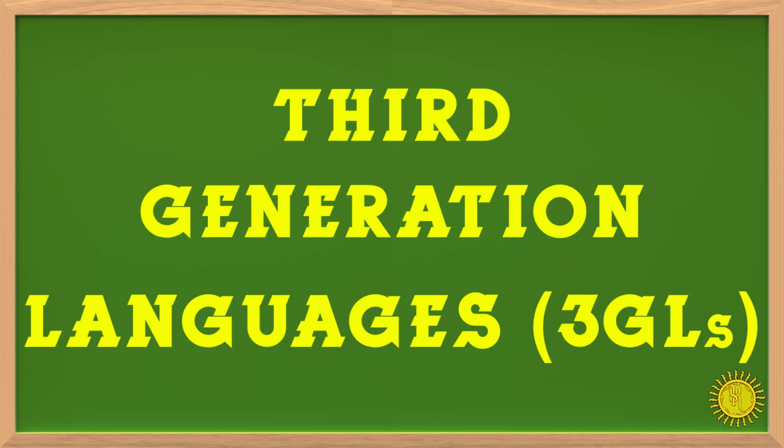A computer does not understand any language other than machine language. So it is a translator which converts assembly language and high-level language programs into machine language. You will study about different types of translators later in this chapter.